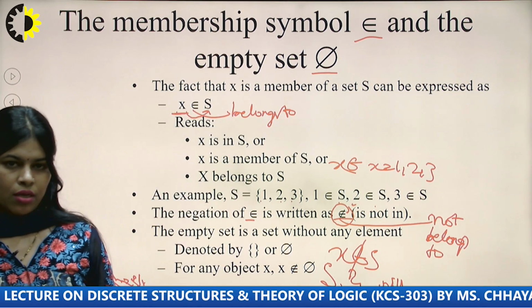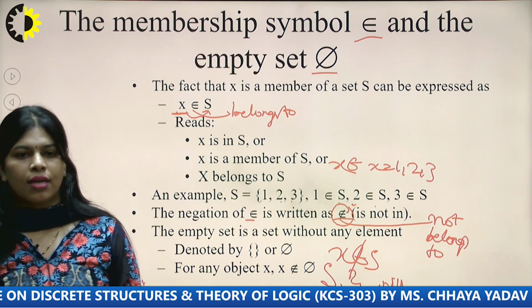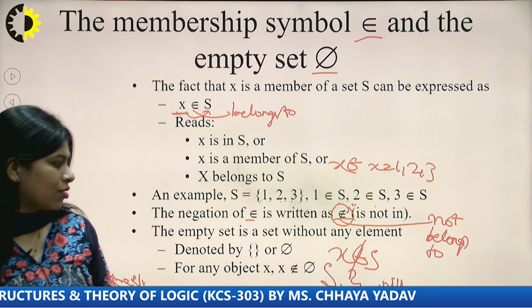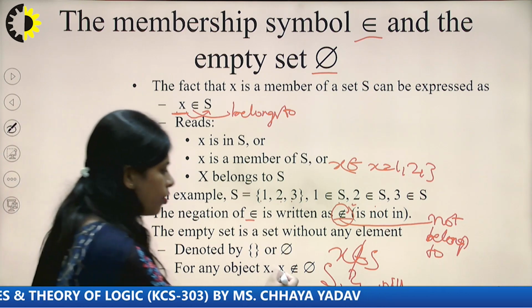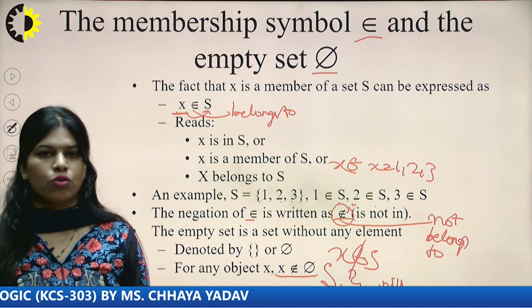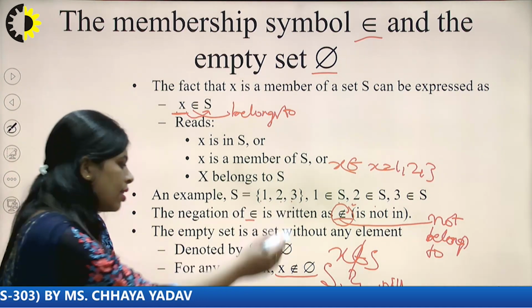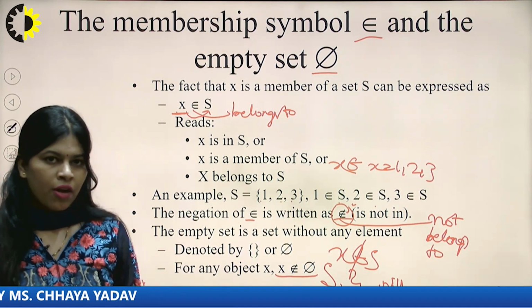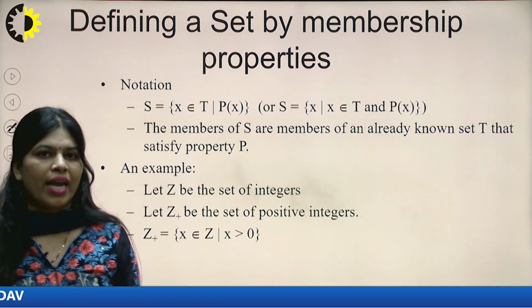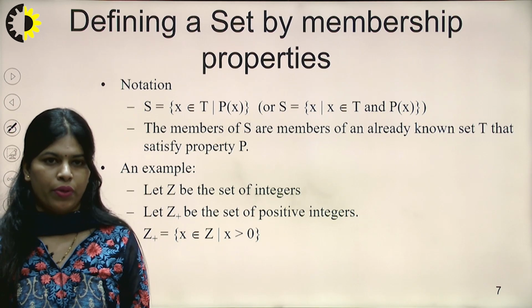No element present in a set is called an empty set. For an object x, x does not belong to phi. If I am taking an example, x belongs to the variable 1, 2, 3, then it should not belong to phi.